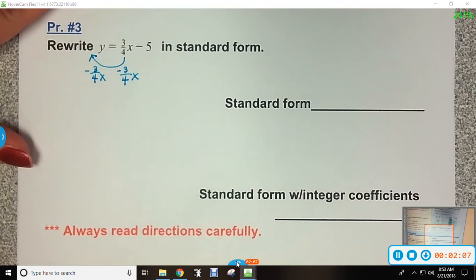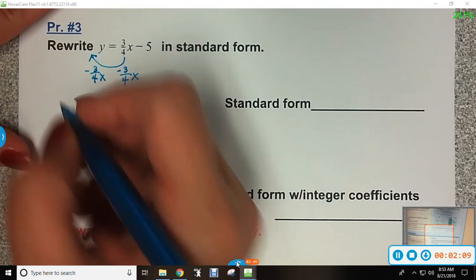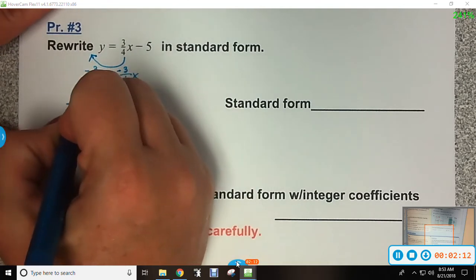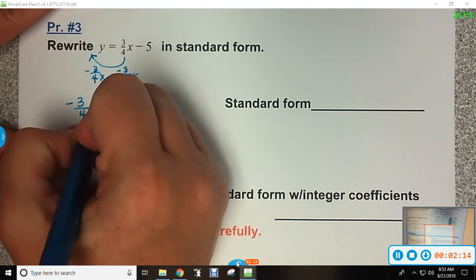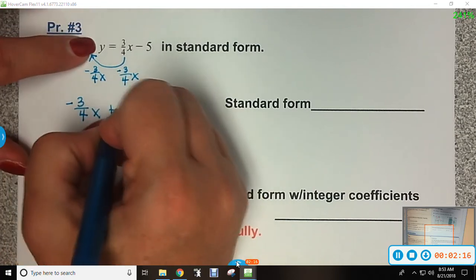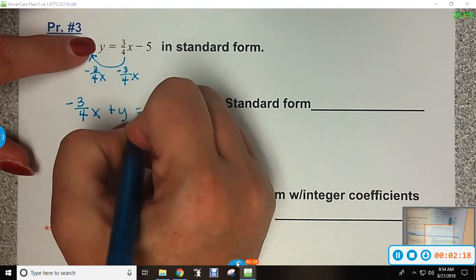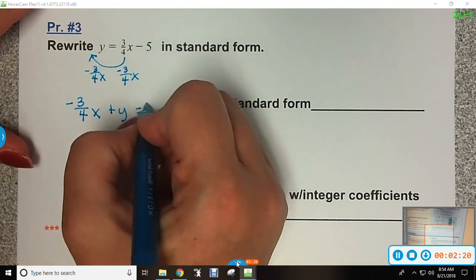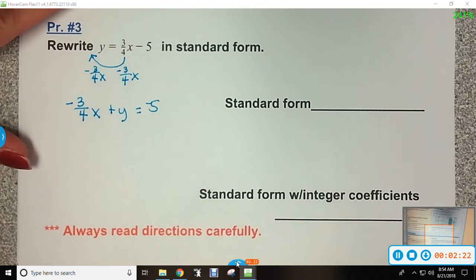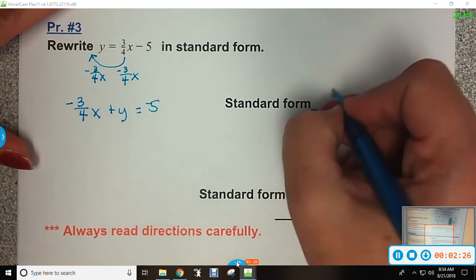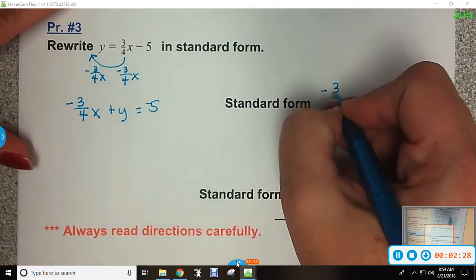And then I've got to make sure I put it in the correct order. Put your X and its coefficient first. Your Y is positive, so it's plus Y. And all that's left on this side is a -5. So as far as your textbook is concerned, standard form looks like this.